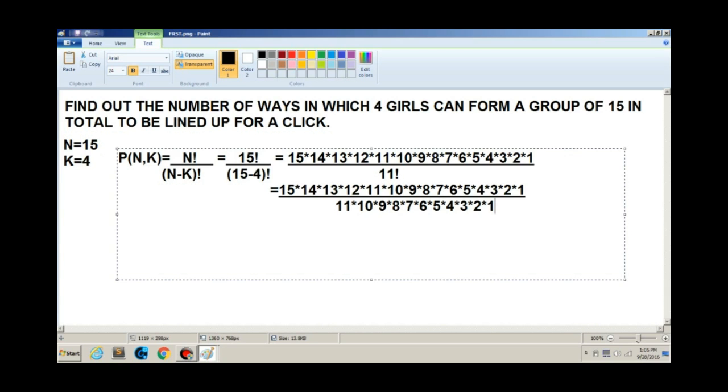As we can see, there are numbers in the numerator which are the same in the denominator. So, as usual, we're going to cancel those numbers.